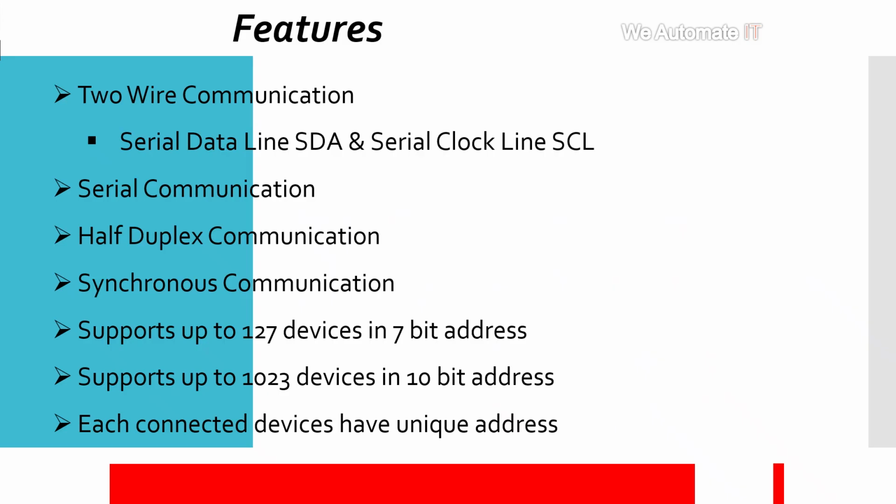Some of the features: two-wire communication is used, that is serial data line SDA and serial clock line SCL. It is used in synchronous serial communication, and it is also half duplex communication.